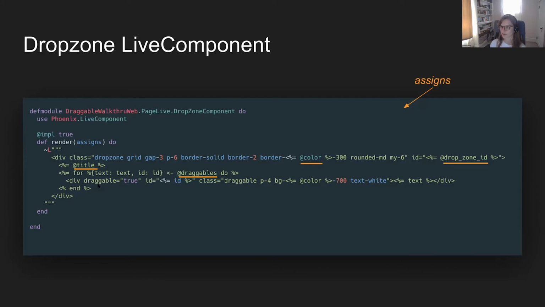We just want to make sure that we give it draggable true. This is from HTML5, and it just means that we can drag the element around the page. One other thing you'll want to do is make sure that you give it a class draggable, which we'll use later with our sortable implementation. We'll use this as a selector to know which items are draggable from the sortable options.